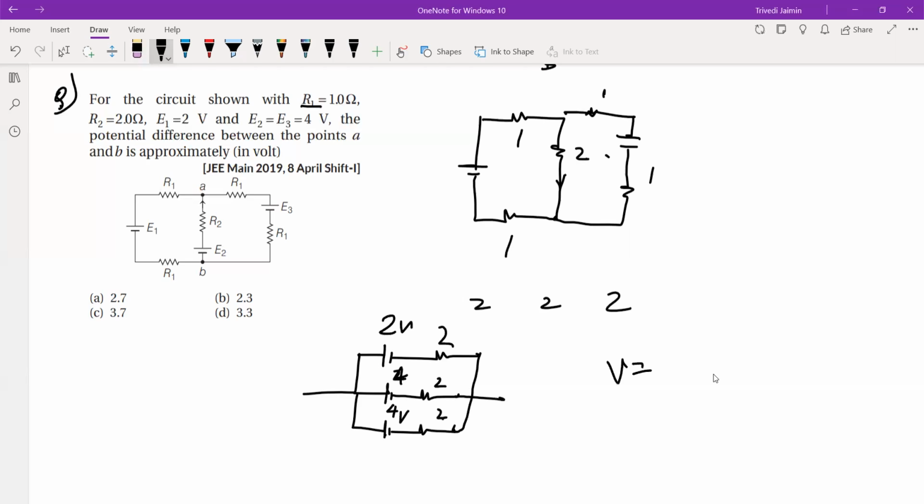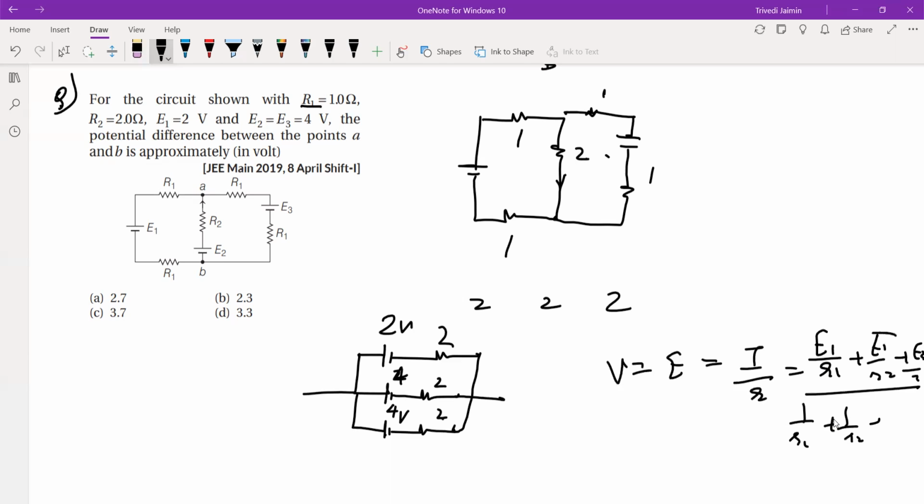So V equals E equivalent, I by R. Simple. So how to find I? E1 by R1 plus E2 by R2 plus E3 by R3, divided by 1 by R1 plus 1 by R2 plus 1 by R3.